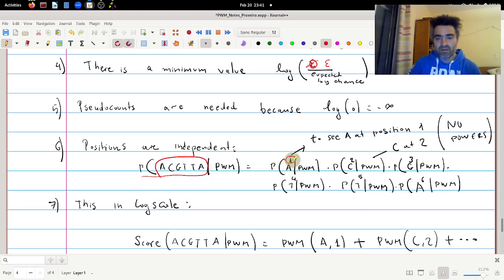So this is not an index, it's not a power, it's just A at position 1 given the position weight matrix, multiplied by the probability to see a C at position 2 given the position weight matrix, and so on. Now this is if we have the probabilities.